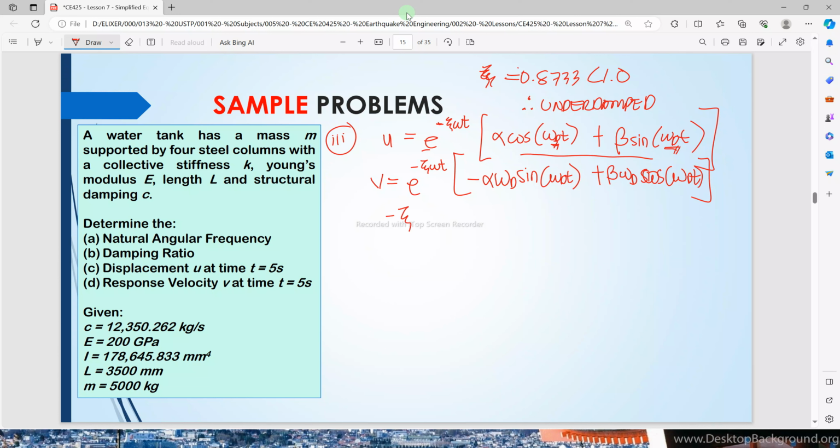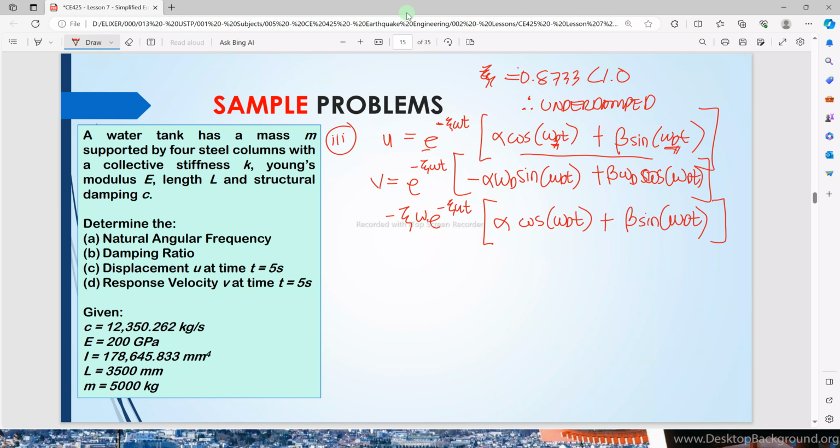We have negative psi omega e to the negative psi omega t times alpha cosine omega dt plus beta sine omega dt.